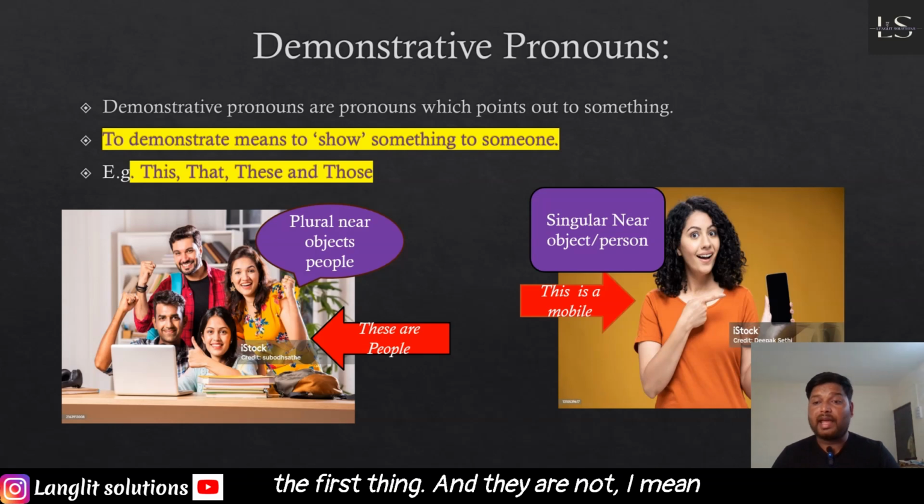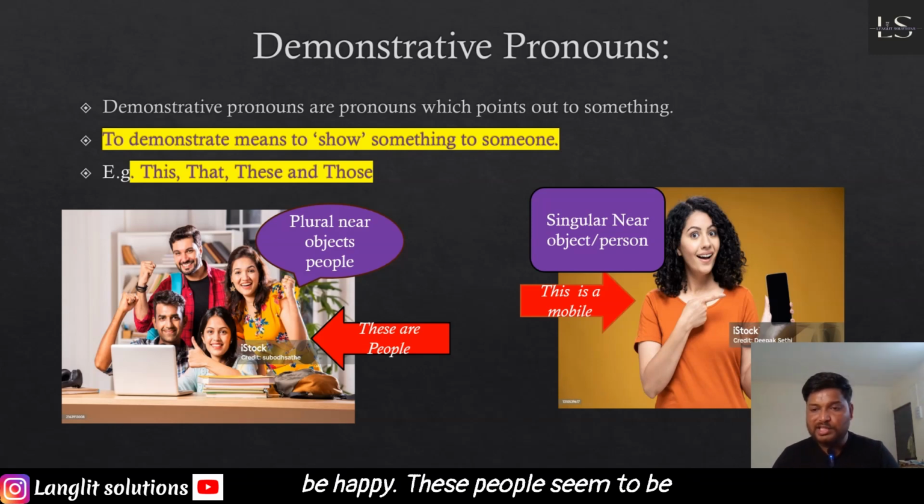This is the first thing, and they are not single people. There is no single person you can call, this person, or that is the only person that I can see in the picture. Because there are 4 people in the picture, you will be saying these people seem to be happy.